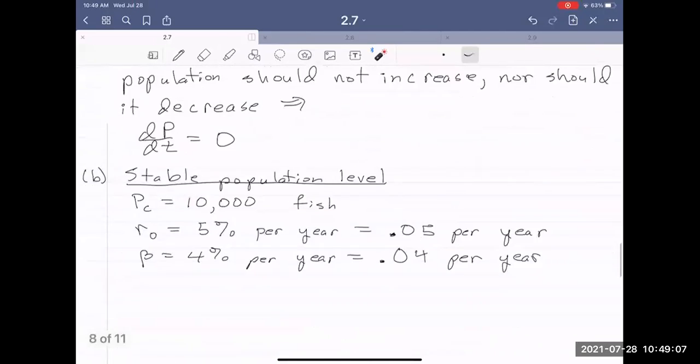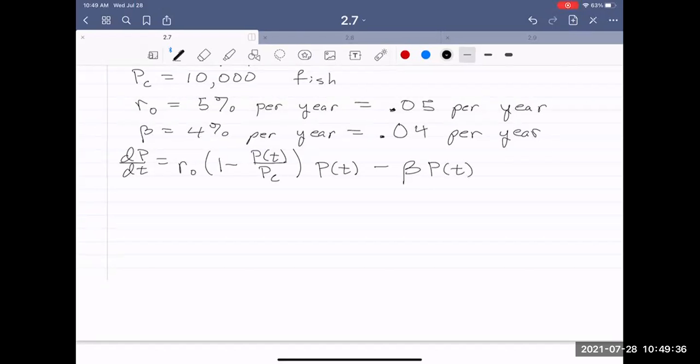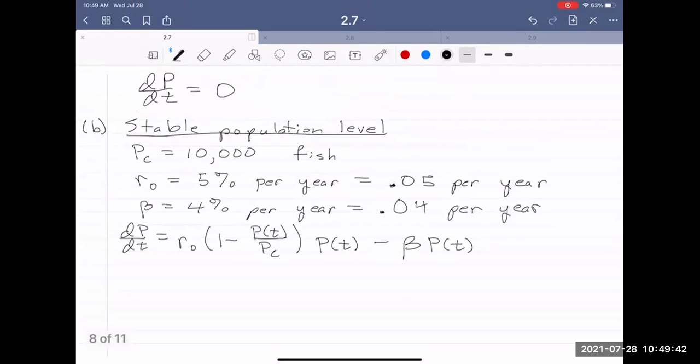So I have that dp dt is equal to r0 times 1 minus p of t over p sub c, times p of t, minus beta p of t. And since it's a stable population, I also have that dp dt is 0.